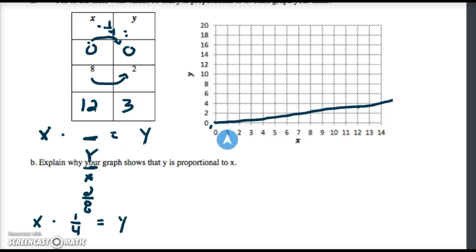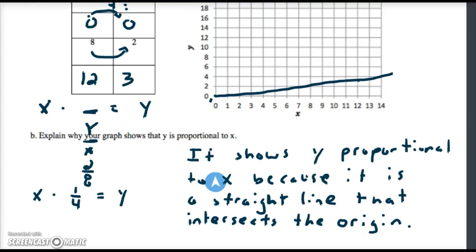So think of the two elements of a graph that makes it show that y is proportional to x. So those two important elements are a straight line passing through the origin. So it shows y proportional to x because it is a straight line that intersects the origin.